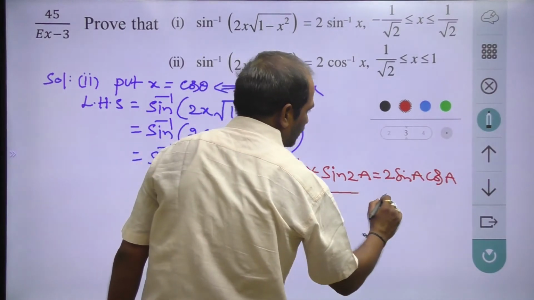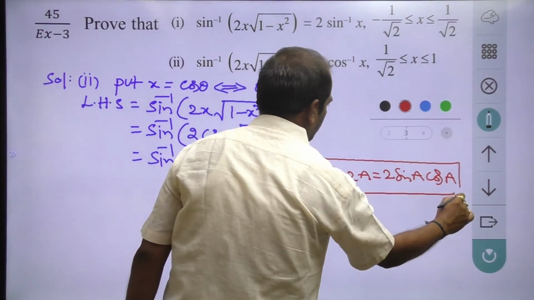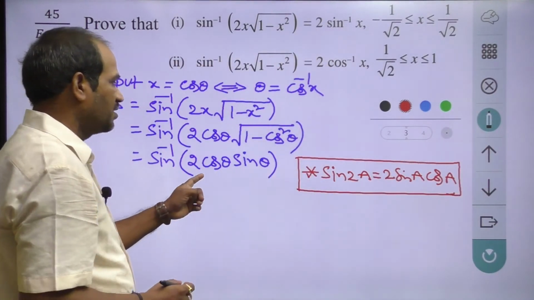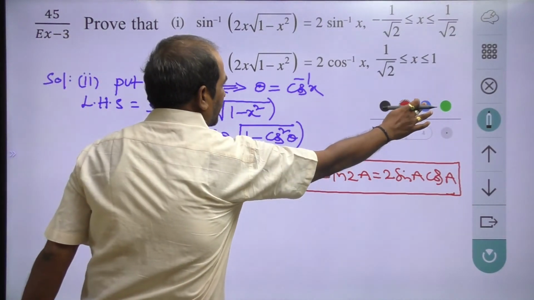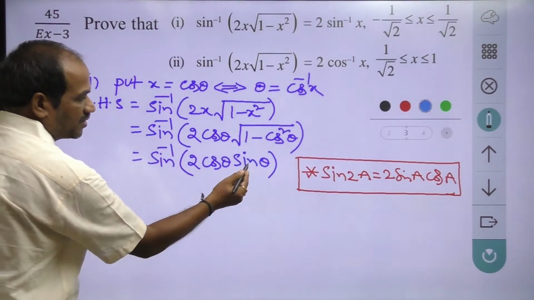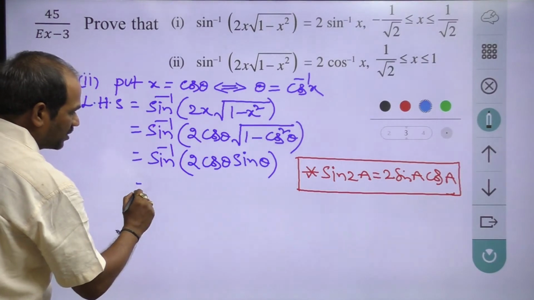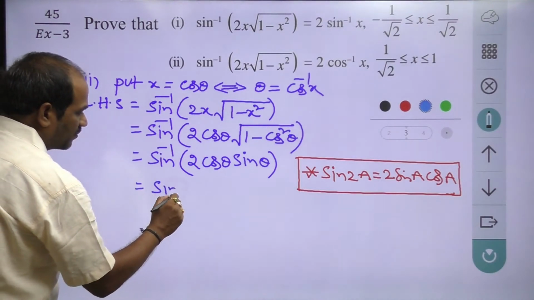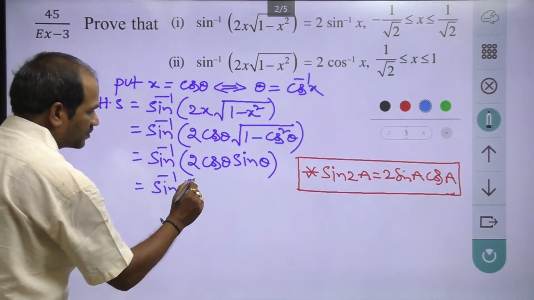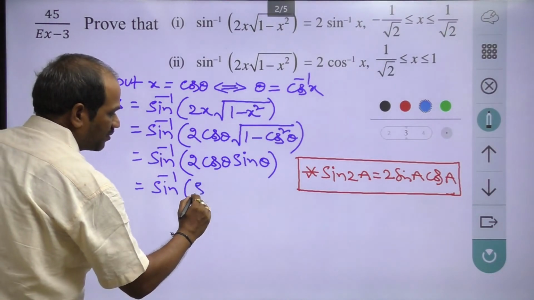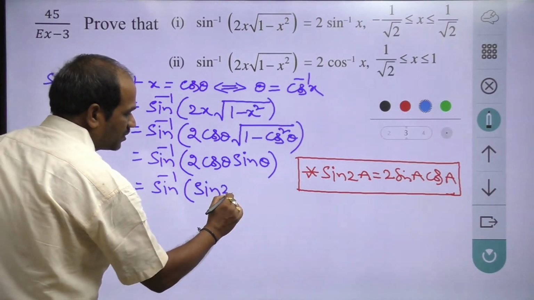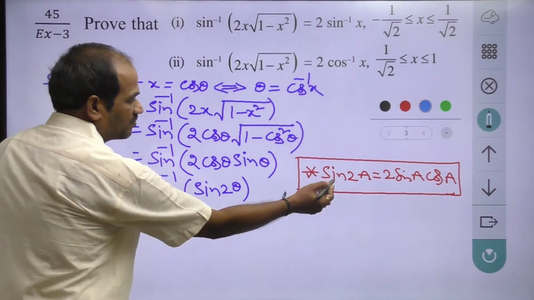Apply this formula here, 2 sin theta into cos theta, so that is equal to sin inverse of sin 2 theta.